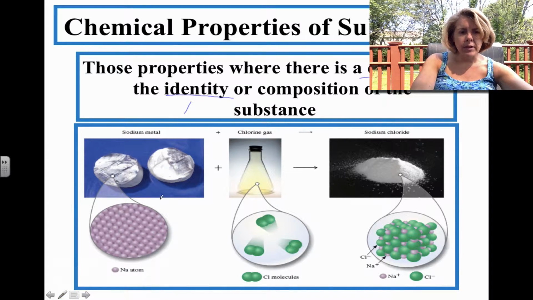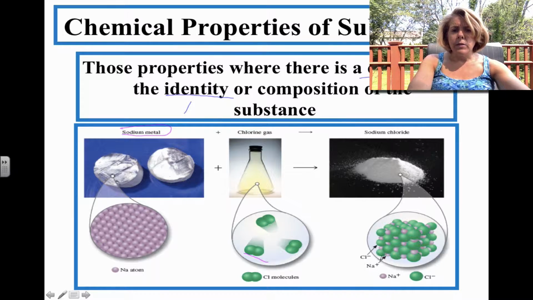A lot of metals tend to be very metallic looking. Then we have chlorine gas. Chlorine gas, notice it's a yellow color. Oh, and by the way, it's a diatomic molecule. And when you combine these two, and it's a very vigorous reaction, by the way, you get a white solid. You have an alternating pattern of sodium and chlorine ions. And we'll talk more about that when we talk about ionic compounds.